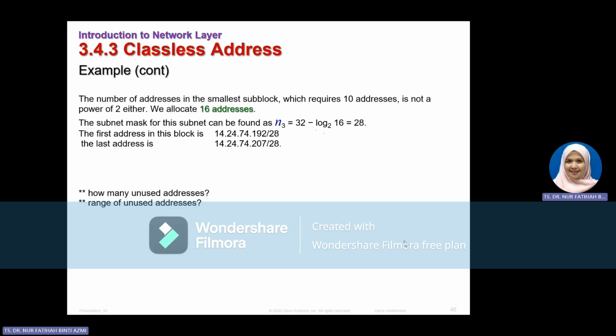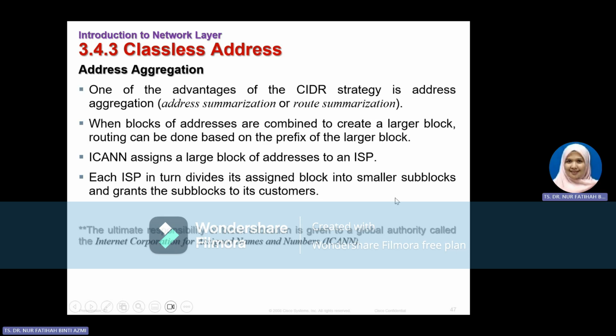So I think by remembering these rules, when you are dividing a network into smaller pieces, it will help keep everything organized and make sure our network devices can understand the structure. Right. Next is address aggregation.